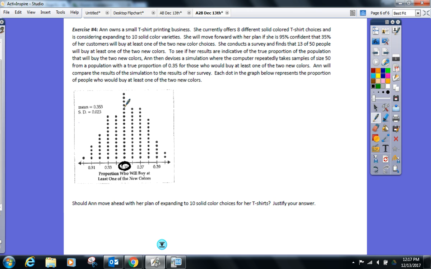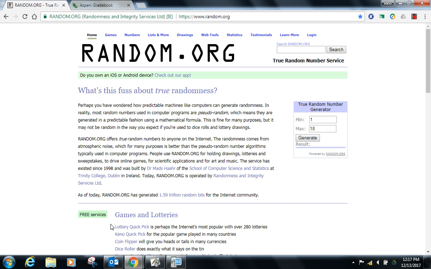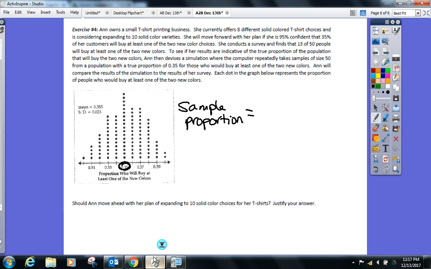Okay. Well, first of all, what's your sample proportion here? When she went out and did her own survey, what was her sample proportion? 13 out of 50, which is what, Brooke? 0.26, thank you.